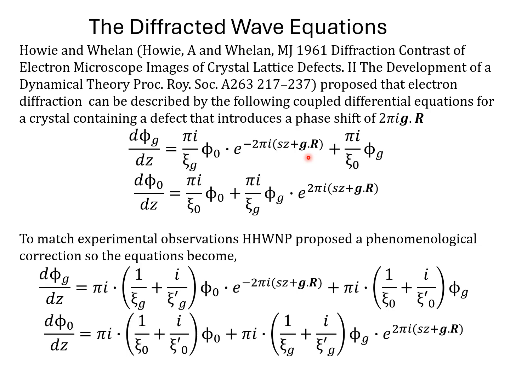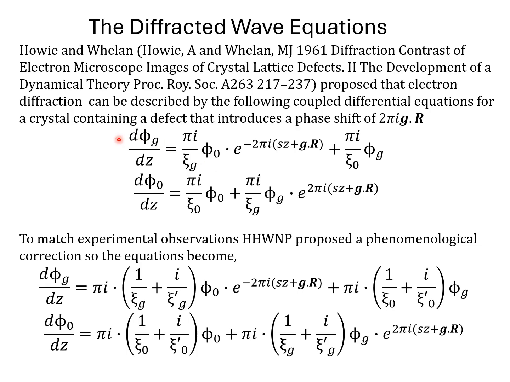Now, one of the early attempts to describe this coupling is by representing the diffracted wave amplitude as a combination of the diffracted wave amplitude and some diffracting vector, so that there's some component of the diffracted wave that feeds back in to the diffracted waves, but there's also the direct wave which feeds into the scattered wave.